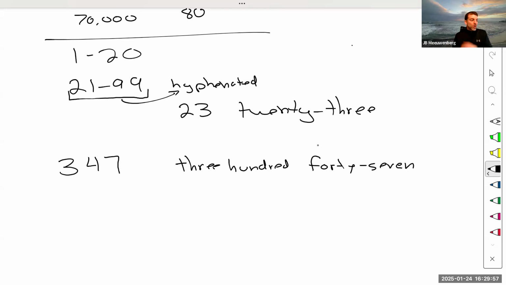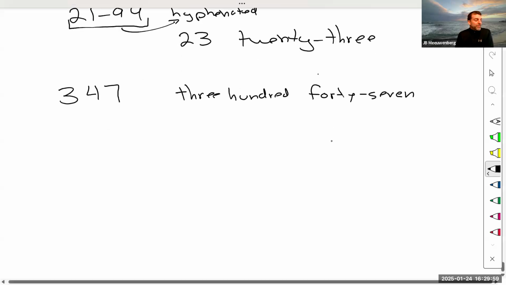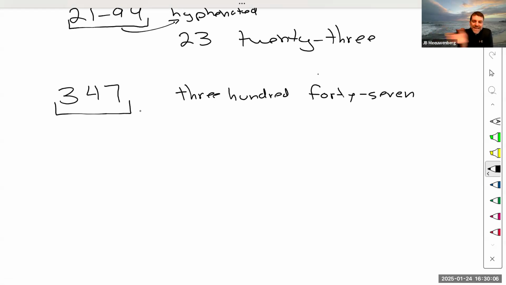Okay. Once we get to more than 3 digits, beyond that, they're read by naming each group of 3 digits, which are called the periods of the digits. So periods, when we start to write our numbers, are really in groups of 3.